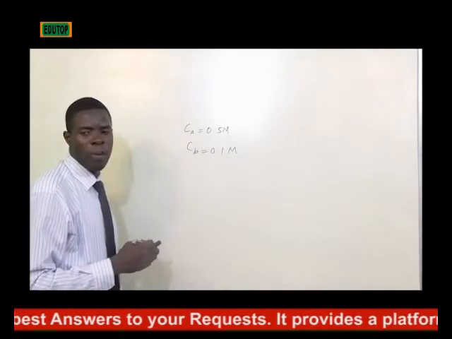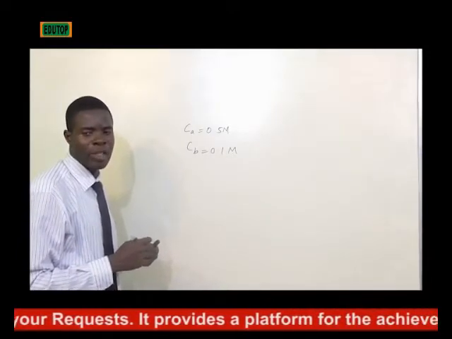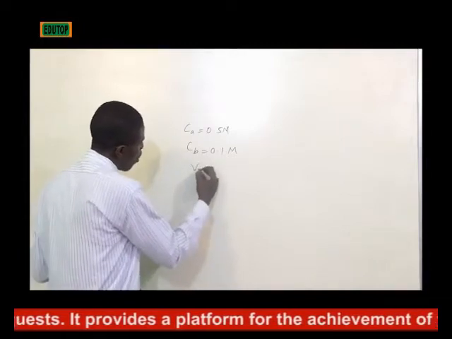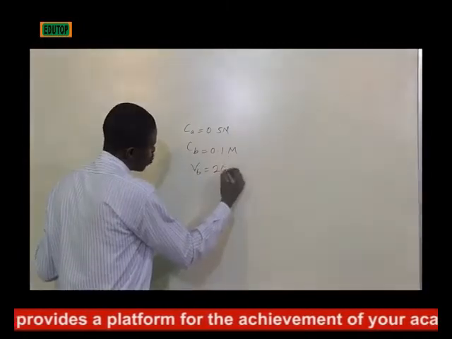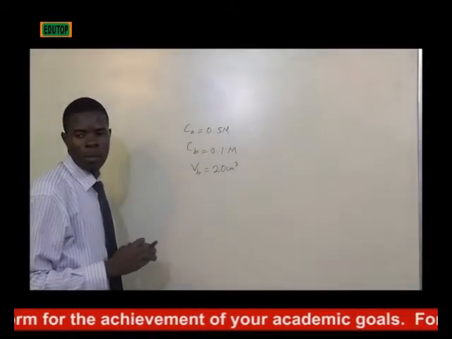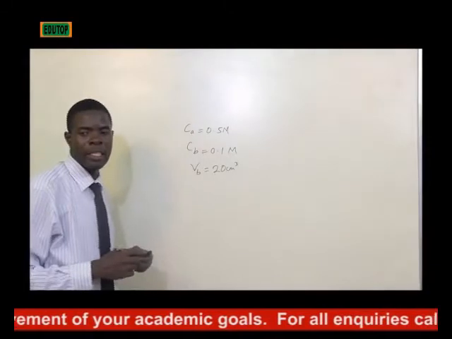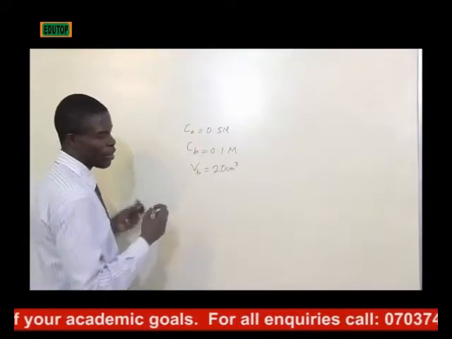What volume of 0.5 molar tetraoxosulfate 6 acid will exactly neutralize 20? So the volume of the base is given as 20 cm cube. And the questioner asks us to calculate the volume of the acid.